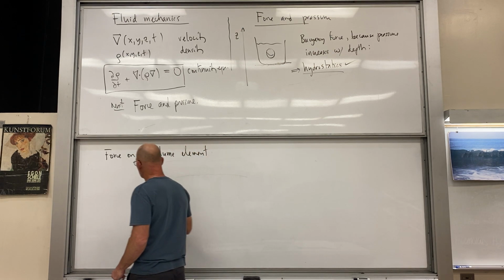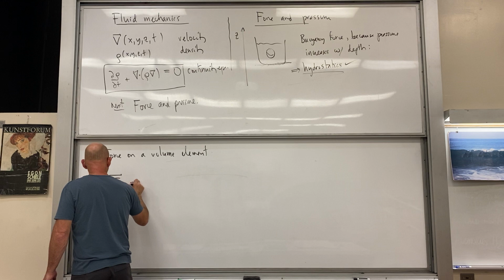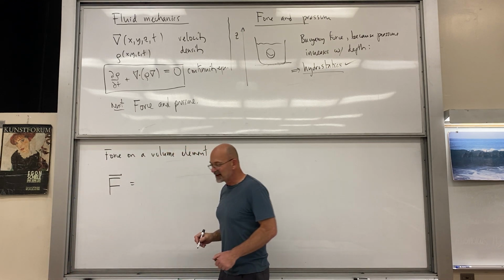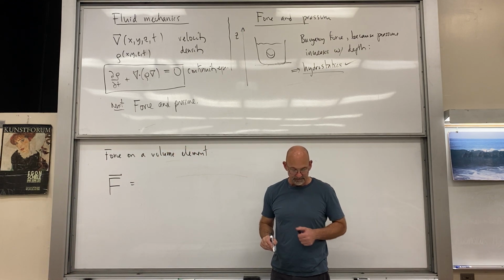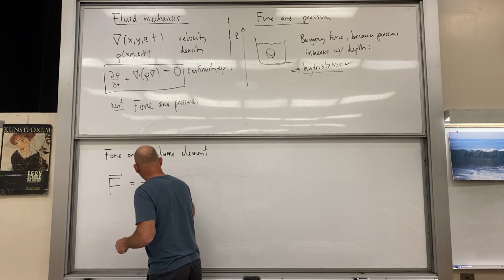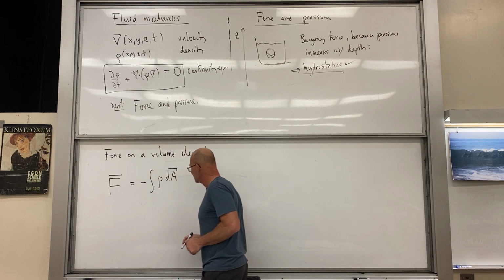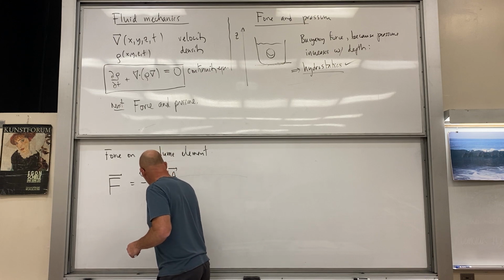In the fluid, and then that force would be an integration of the pressure, and I'll write it down first. P d area, okay, and we'll just call this V for volume.